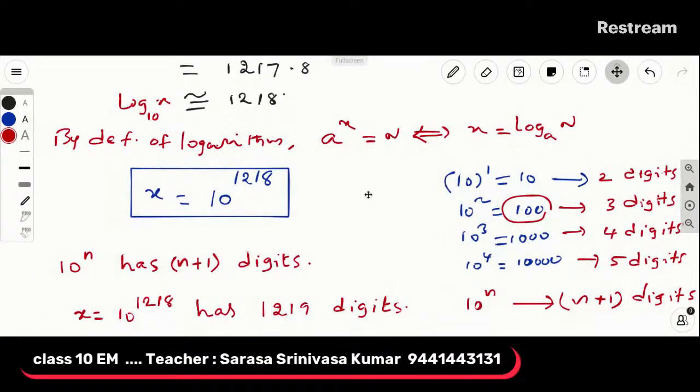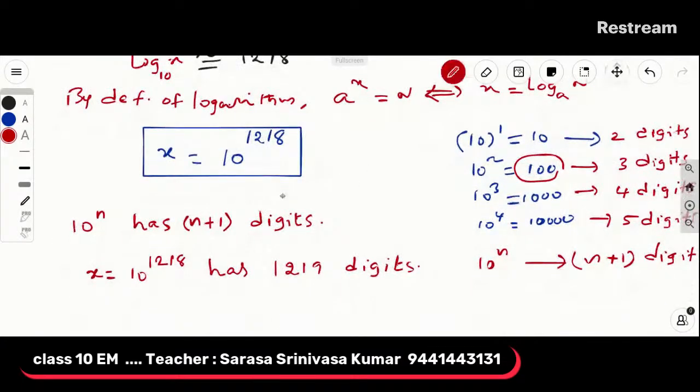That is, what is x? x equal to 4 to the power of 2013, and this is equal to 10 to the power of 1218.